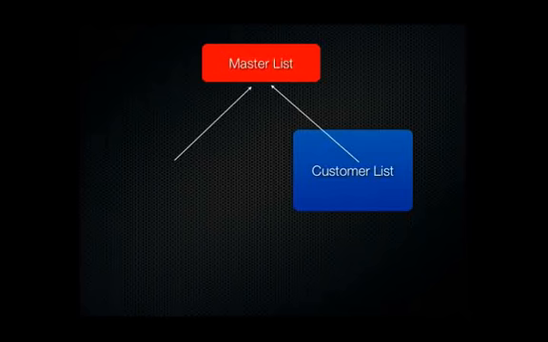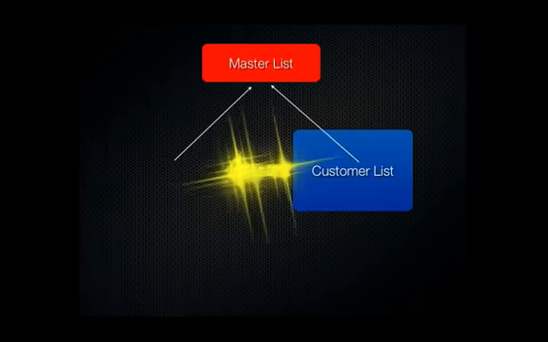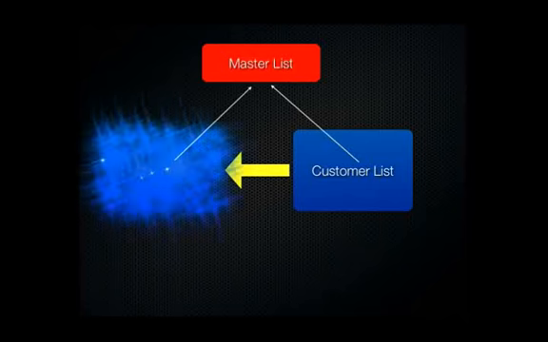Now, perhaps with this customer list, I'm starting a new funnel with them. I don't want them to be one-time customers. I want them to be repeat customers. So maybe I will offer them a free download or a free chapter of an ebook that I'm coming out with pretty soon.